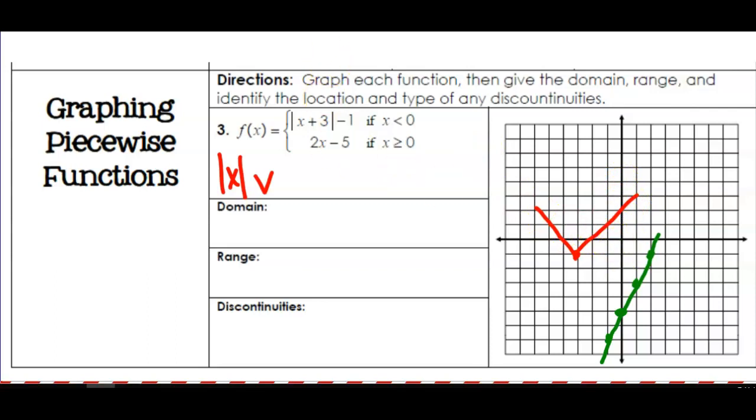So I need to erase over here, and I need to decide what kind of circle it ends with. It says less than 0, so I do not include this point right here. Open circle. But keep going less than 0 would mean this branch goes on to the left.